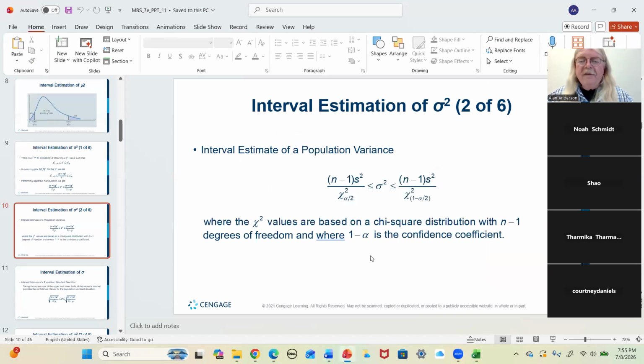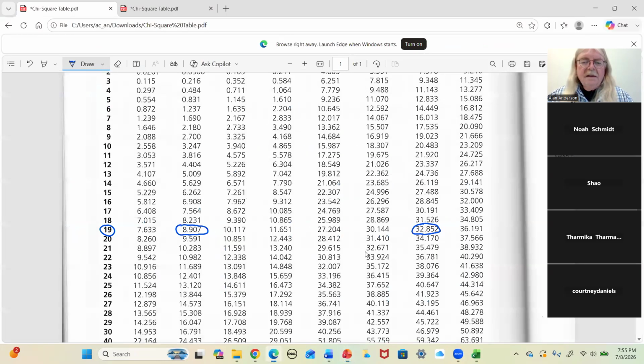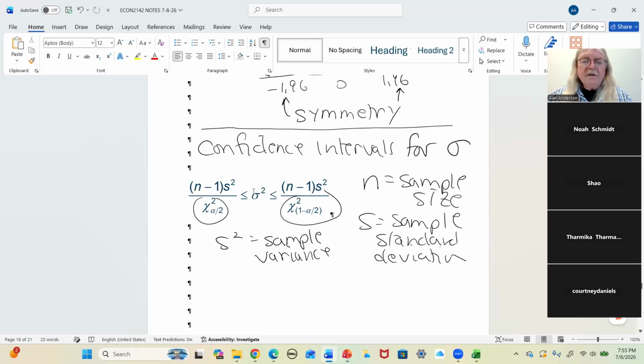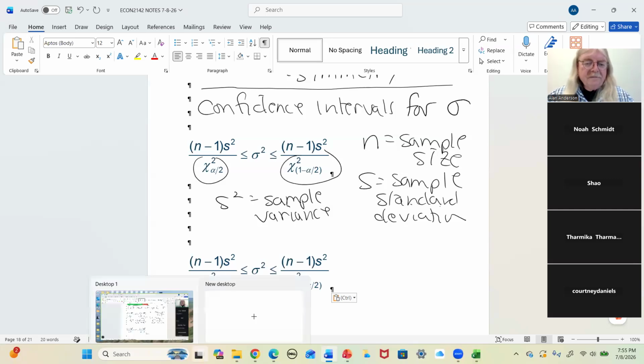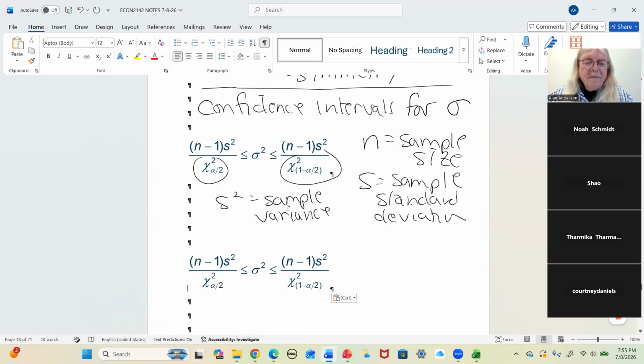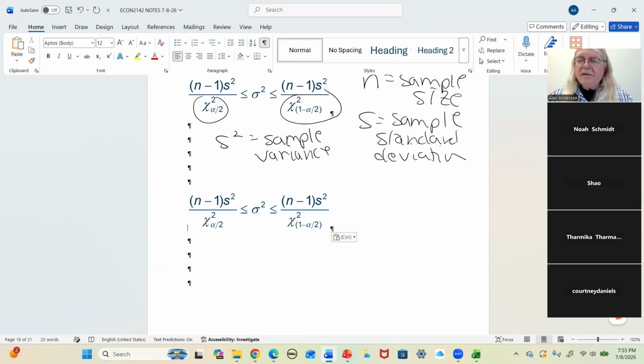Oh, by the way, if for some reason they want a confidence interval for the standard deviation instead, then you would just take square roots. In other words, remember the standard deviation is the square root of the variance.